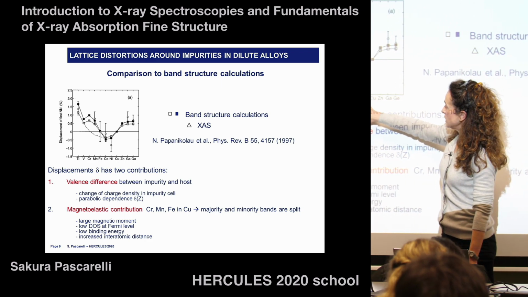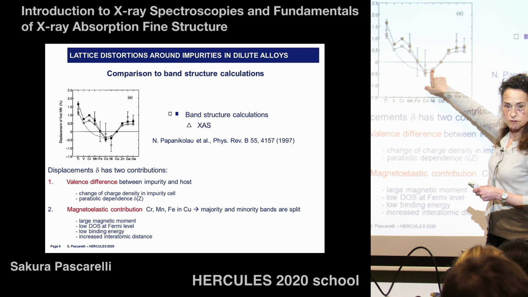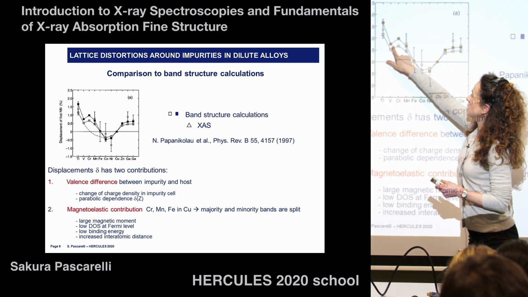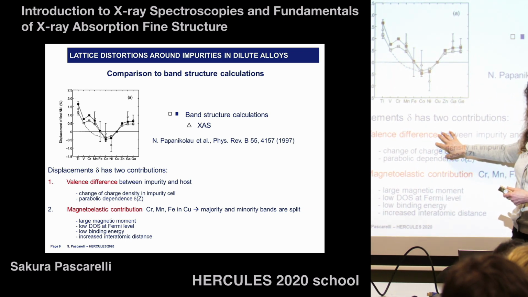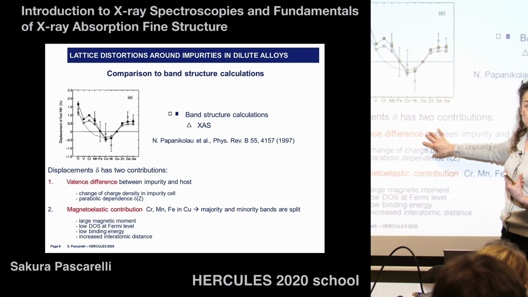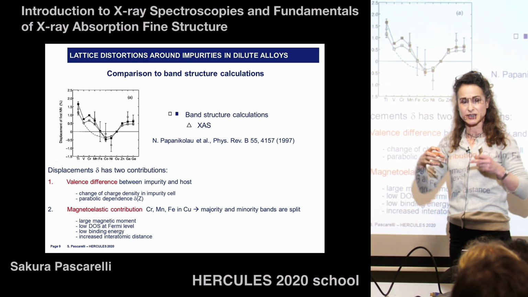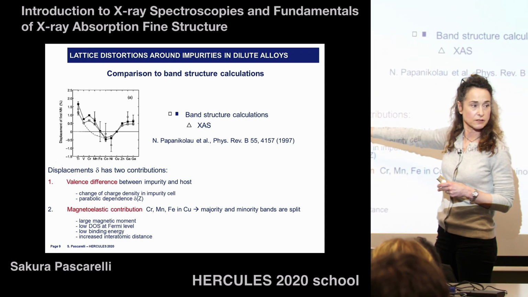And so this change in just the valence makes it so that you have a contraction. So this explains this sort of behavior here. But when you go to these elements, this is not enough to explain what's going on, because the measurement told them that you were not sitting on this curve, but you had distances which were larger than the curve that you would obtain if you only considered the valence.